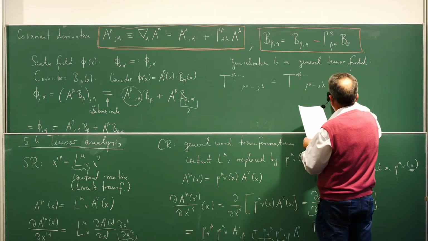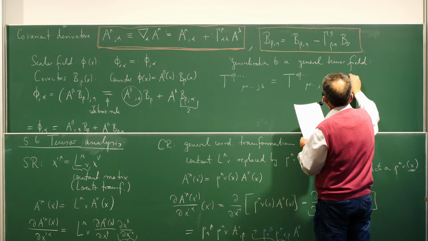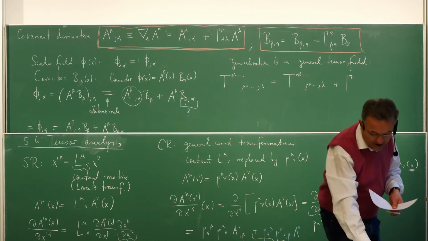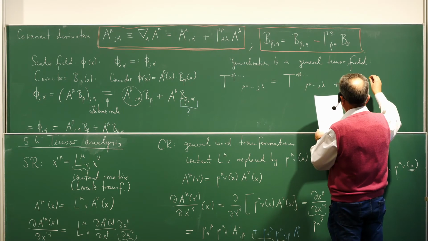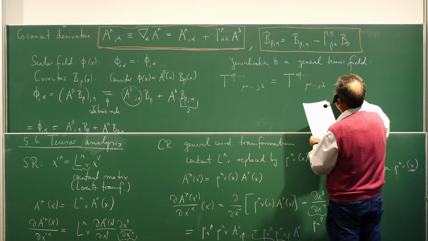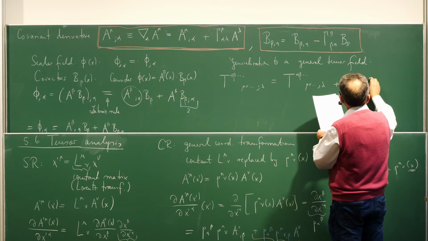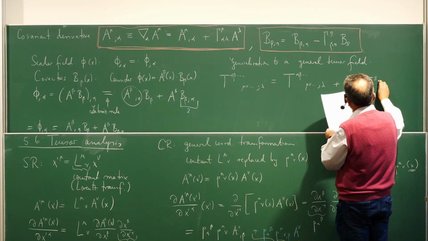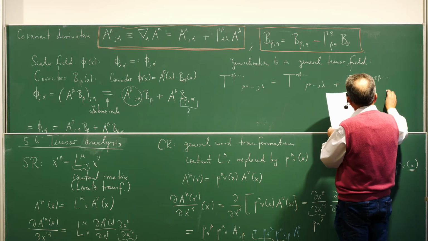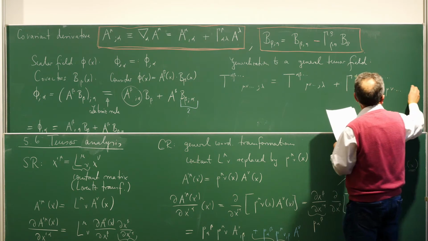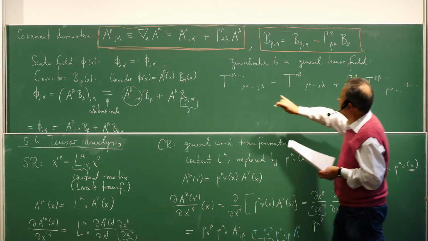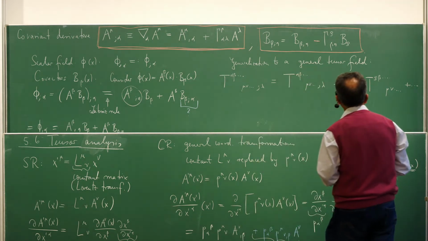So you have plus Γ^α_λρ T^{ρβ...}_{μν...}, and the same happens for every other upstairs index.